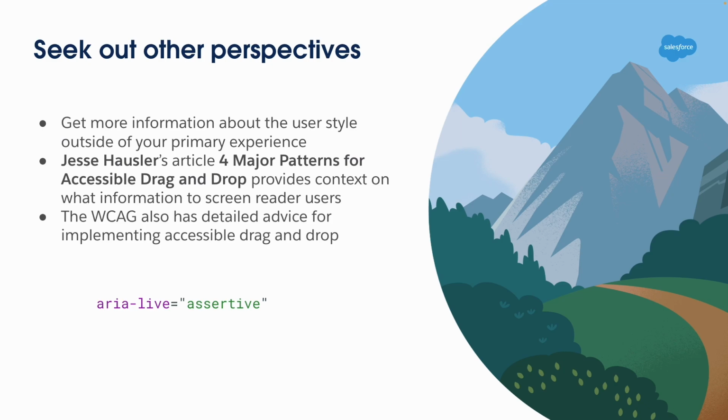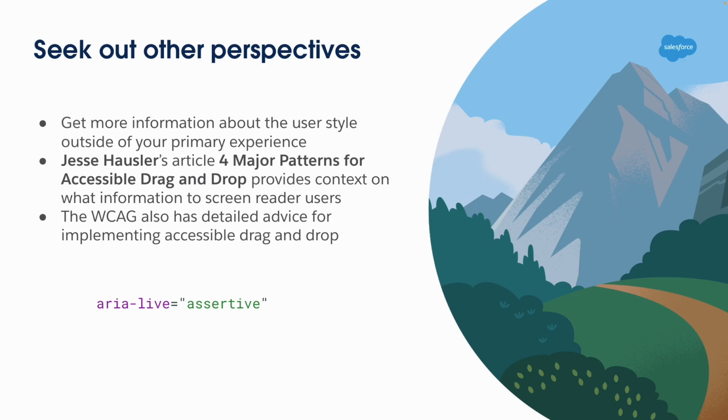And what it opened up is how it can provide this functionality for a screen reader user who is also interacting through the keyboard. And in particular, what it showed me is that we need to use this ARIA Live assertive property.